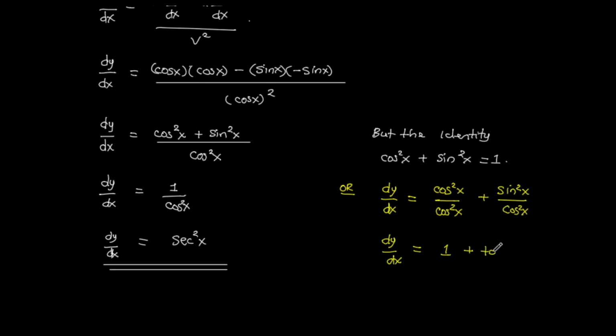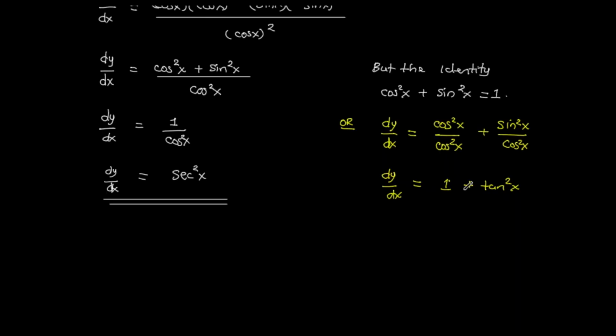So we know from also another identity that 1 plus tan square x equals secant square x. So we have dy by dx equals secant square x, just like what we got here. So meaning after reaching here, you have two ways: either we use this approach or we use the next approach.